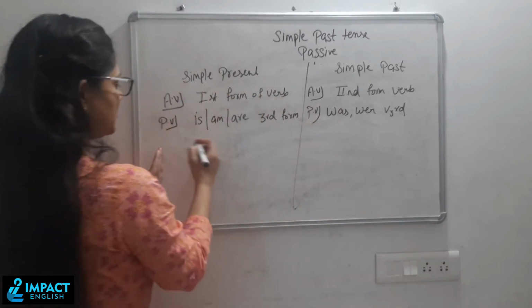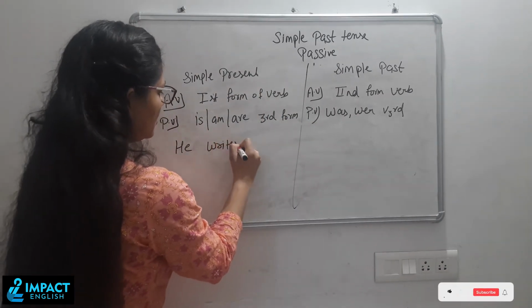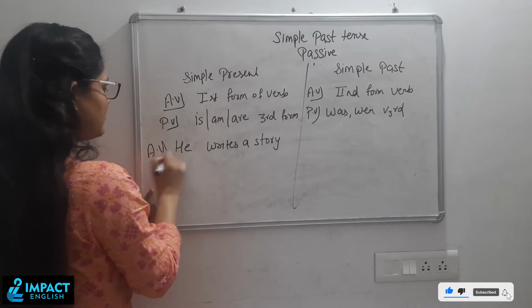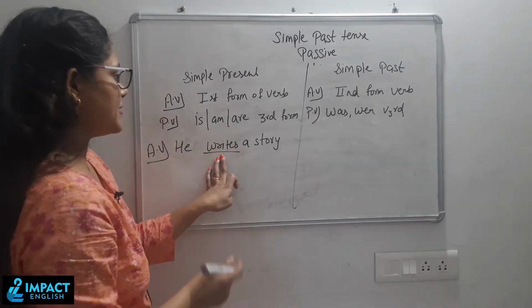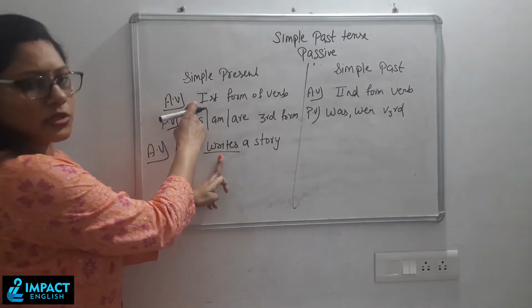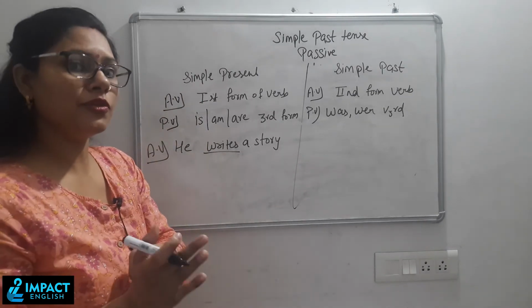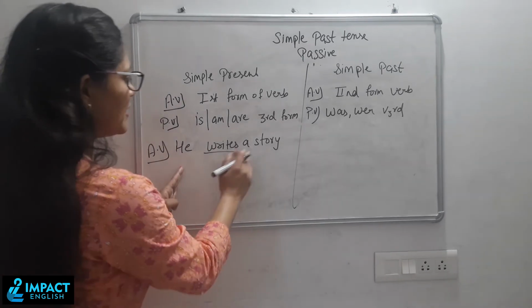Now see here, he writes a story. See here, it's an example of active voice of simple present tense. Now see here, writes means active voice first form is given. So while changing this into passive voice, we will use is, am, are, but according to the subject. He writes a story.